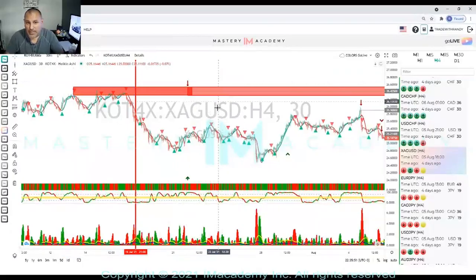Sometimes it doesn't print the box all the way back. We're back on the 16th of July because we went to the 4-hour time frame. Did you know that from the 16th of July, silver has been selling?